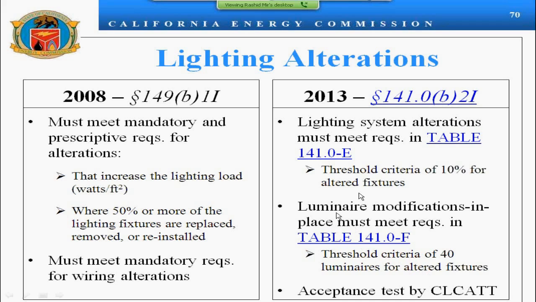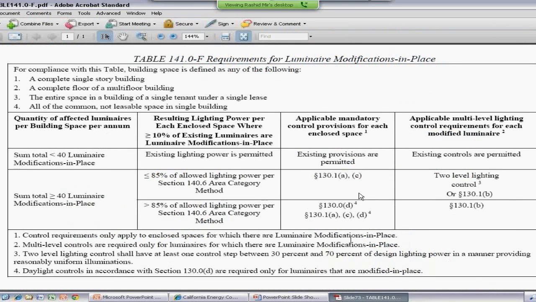Moving forward, if you do conduct these modifications in place, where 40 luminaires or more are altered in an enclosed space, they will essentially have to meet the mandatory measure requirements, which is not a requirement under the current regulations. So if you see here, if you replace less than 40 luminaires in the enclosed space, existing conditions, controls, etc., are fine.